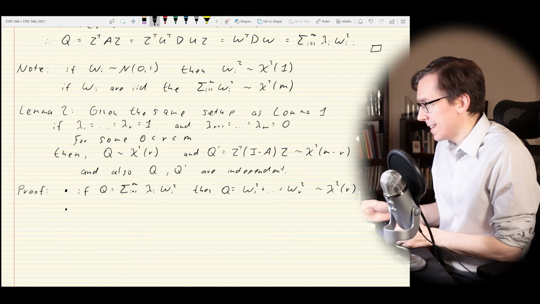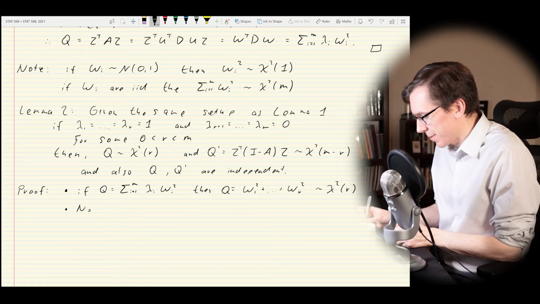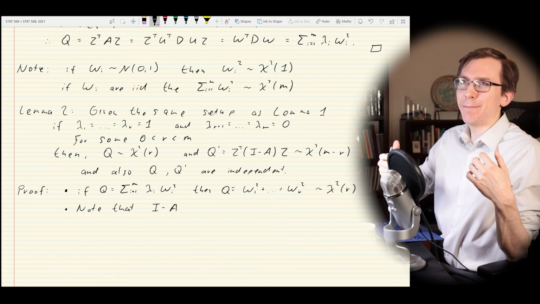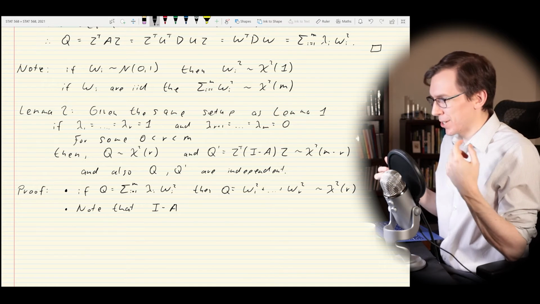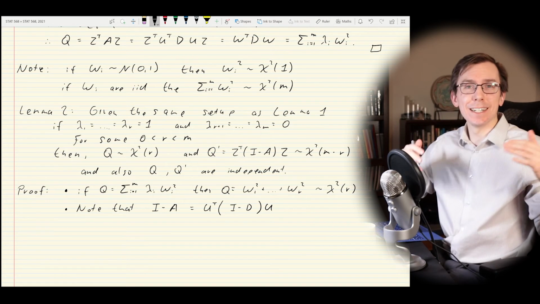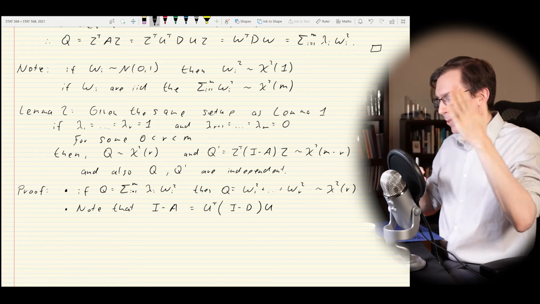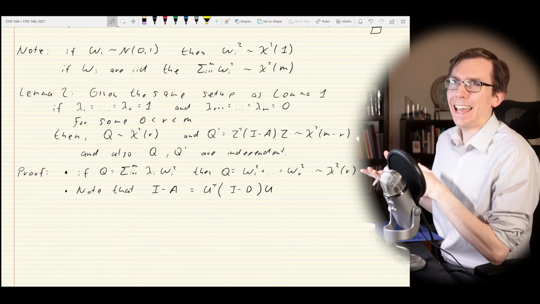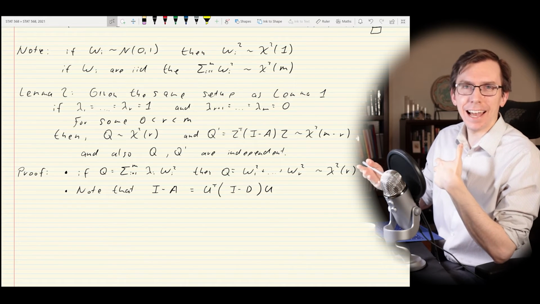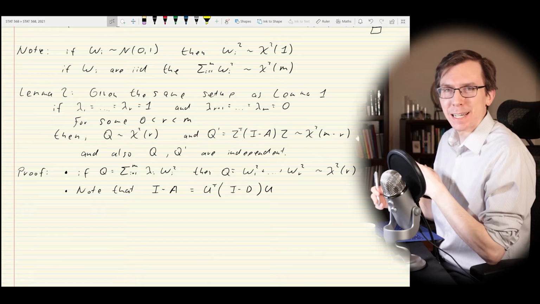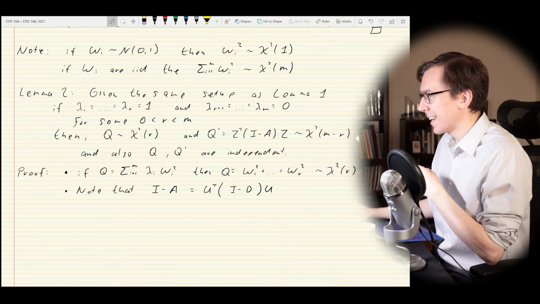The second is to first note that the matrix I minus A also has the same eigenvectors, which is the matrix U. So we can write this as U transpose (I minus D) U. And this is because U transpose times U is the identity, and U transpose D U is A. So it really just means that the matrix A and its complement, I minus A, have the same eigenvectors, which is actually kind of nice.